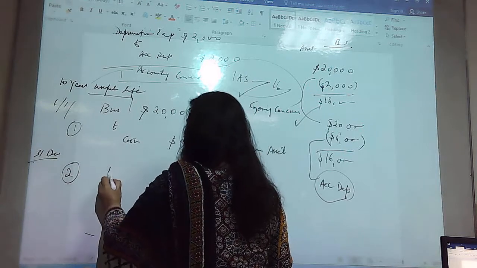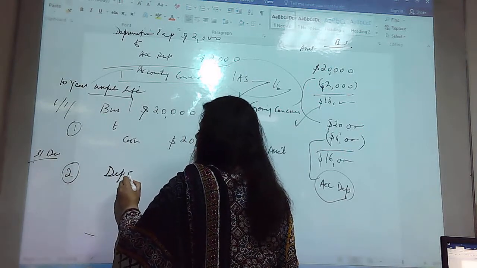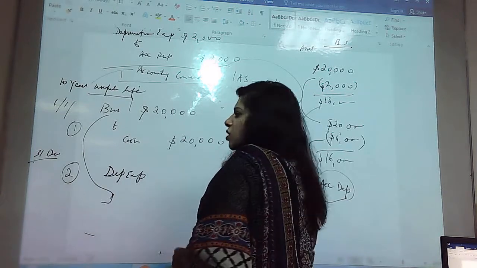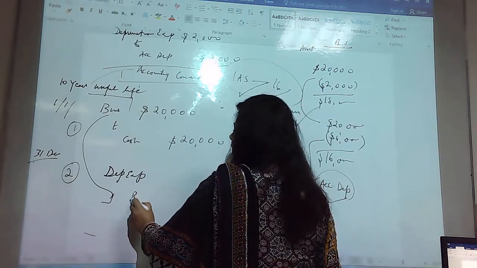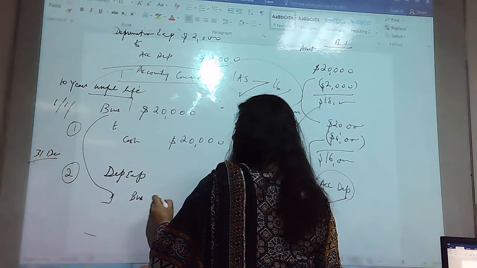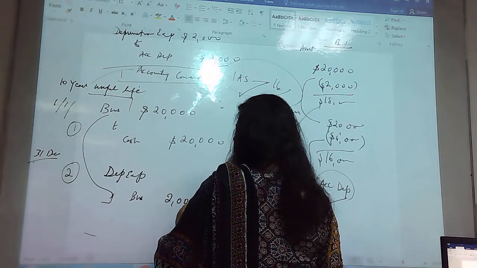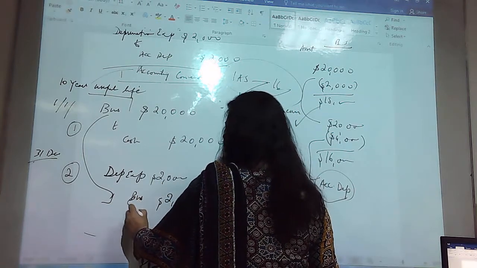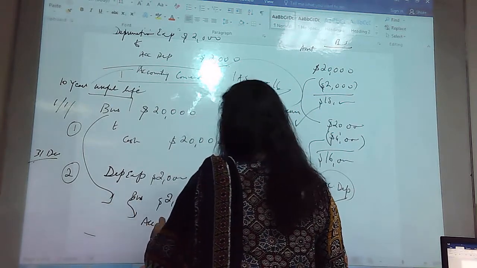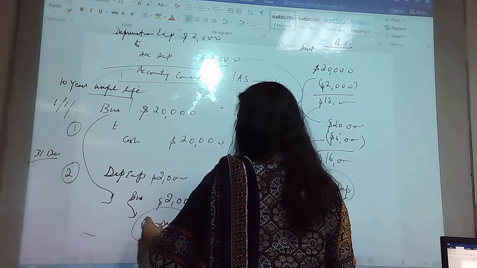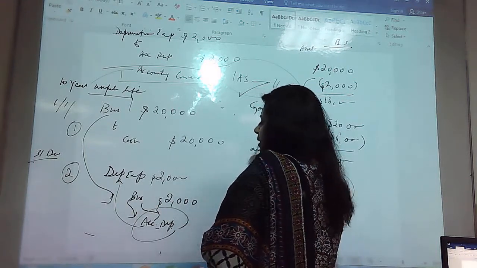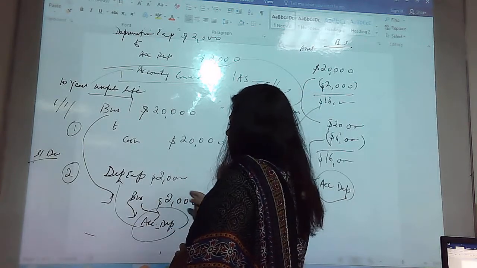Now I'm going to be booking one expense as depreciation expense, but I have to write off this asset. So I'm going to be writing off this bus for $2,000, and I'm going to be booking this. And this is also accumulated depreciation, because I have to credit this bus, and this is the wear and tear.